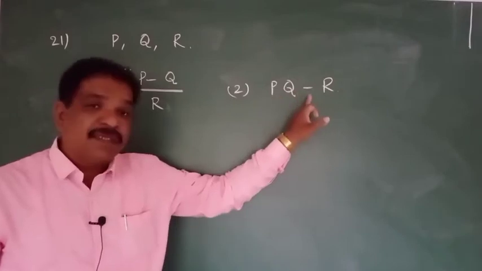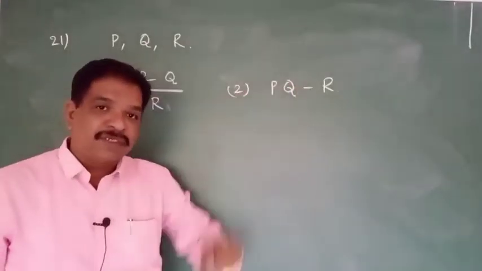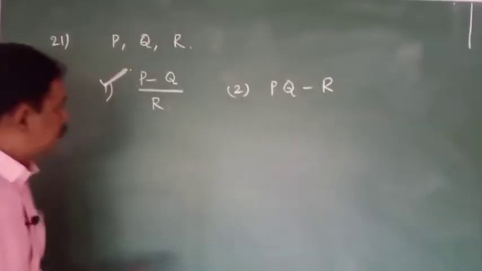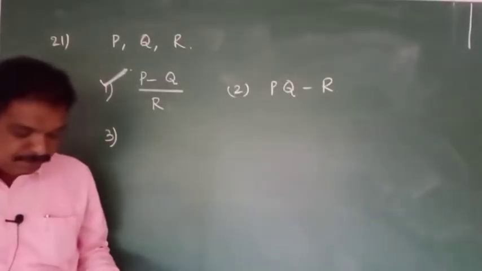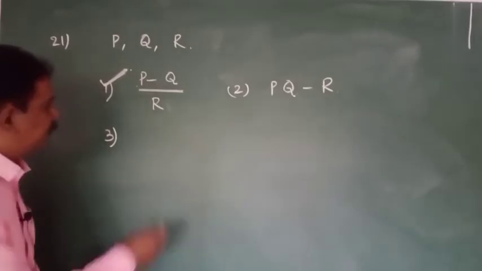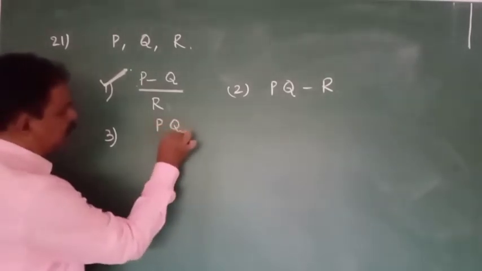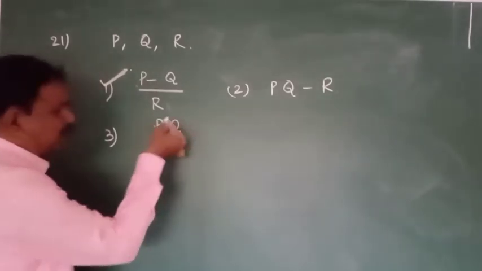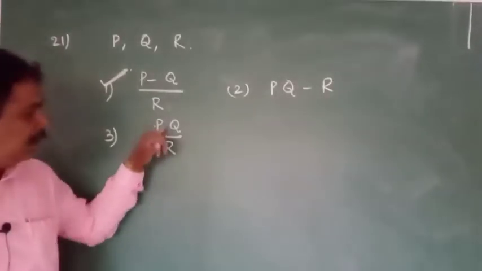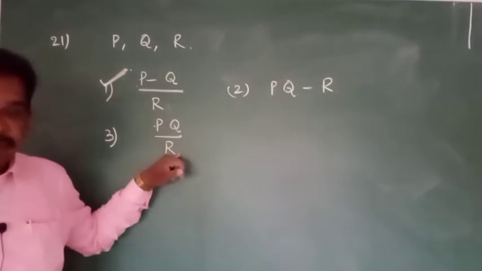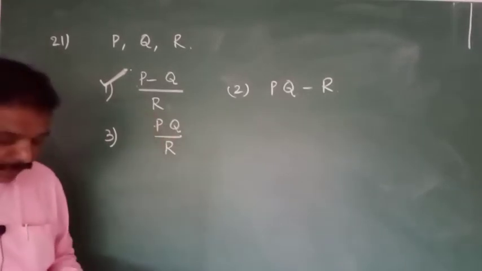So that's why this is a meaningful statement only. The third option, if you check what they gave, PQ by R. PQ is one quantity, R is another quantity. We can divide these two. This is a correct statement only.